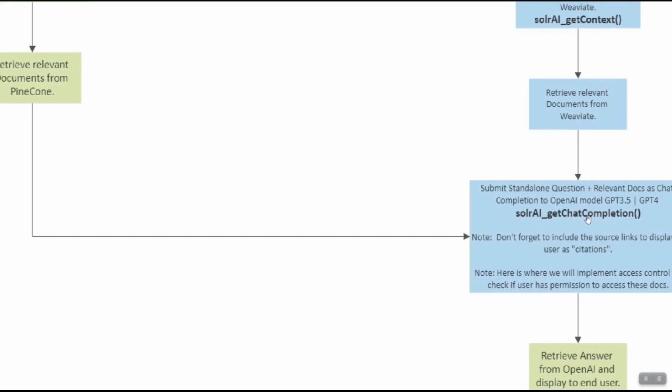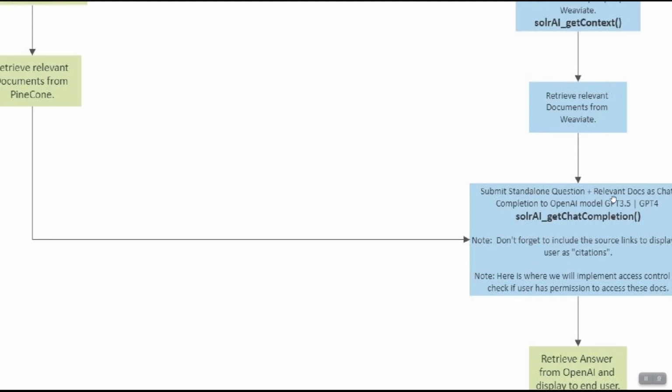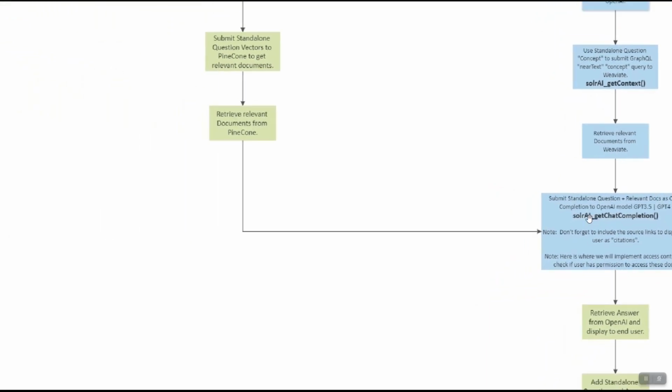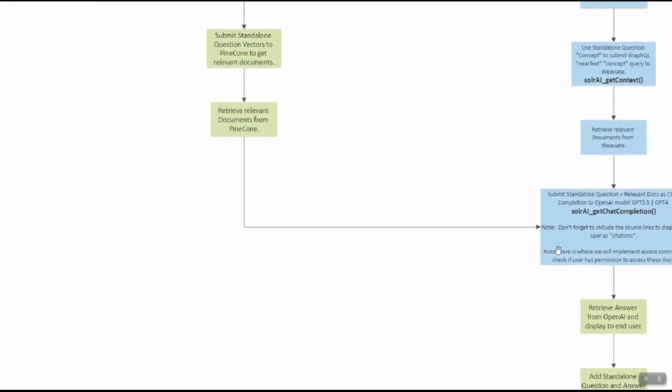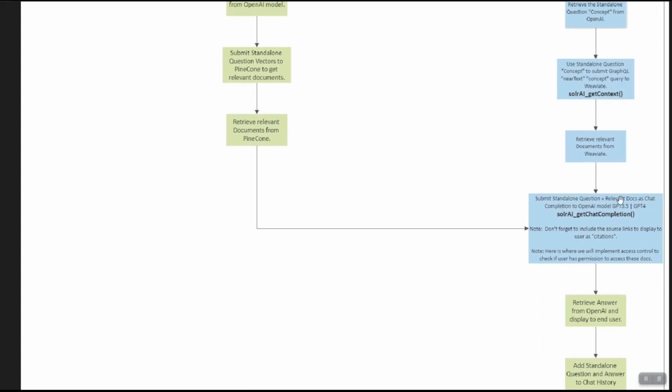Then, for our chat completion, we submit the standalone question plus the relevant documents. Let me bring that in here so you can see that. There we go. So we submit the standalone question and the relevant documents to get the chat completion from the LLM.